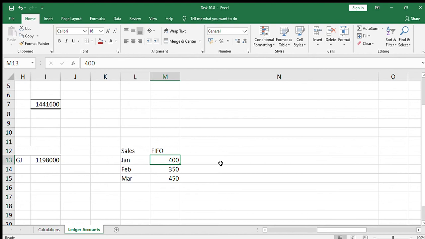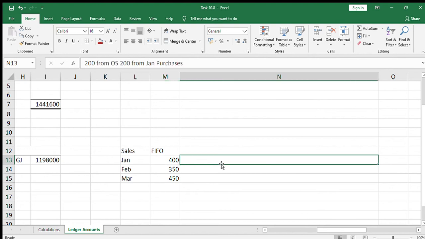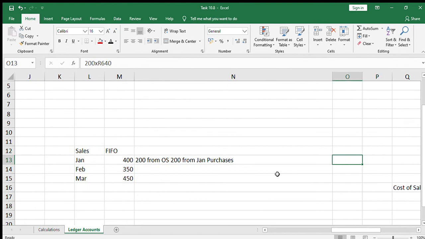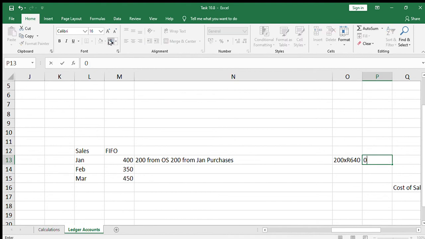Okay, so the opening stock was 200 units. So out of this 400, we're going to use the value for 200 units from the opening stock, and for the other 200 units, we'll take it from January's purchases. So that means that 200 units will be valued at the opening stock of 640, and that gives us an answer of 128,000.